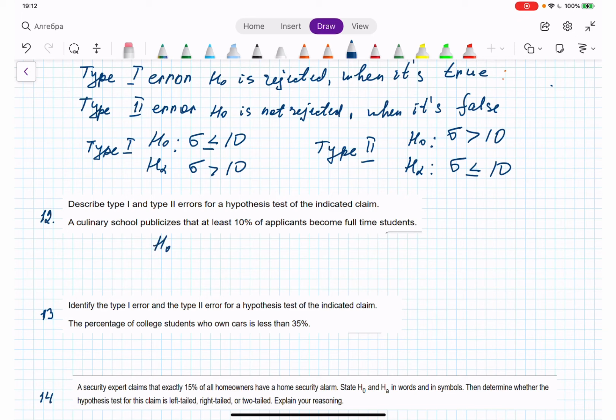And the null hypothesis in this case for type 1 error is proportion greater than or equal to 0.1.